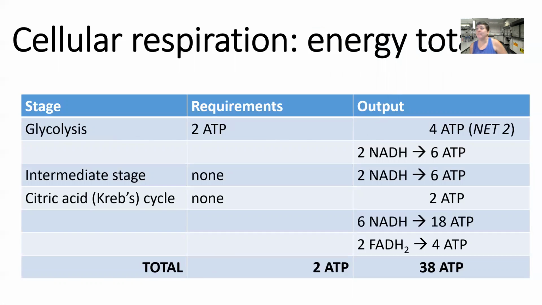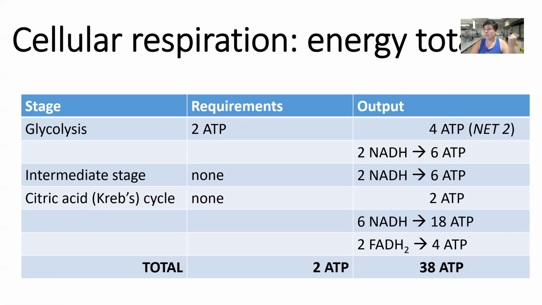So we do have an initial investment of 2 ATP, but directly in glycolysis, you have 4 ATP generated via substrate level phosphorylation. Because we invested 2, we subtract 2 from our product of 4, and we say that we get a net gain of 2 ATP via substrate level phosphorylation in glycolysis.